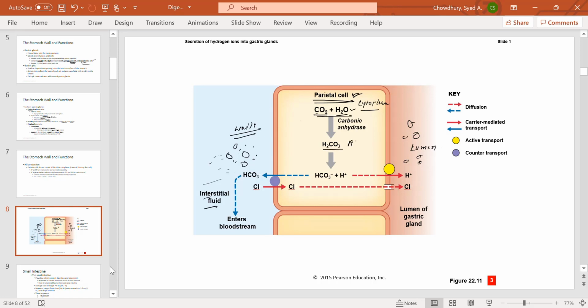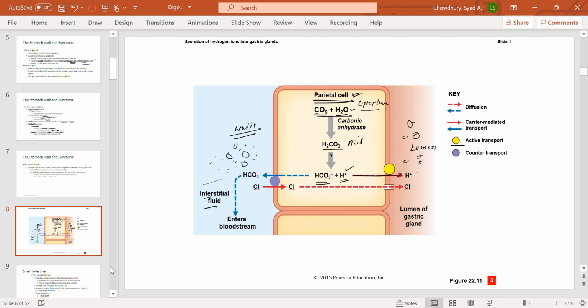This is an acid, and then it will quickly split into bicarbonate and hydrogen. So you see hydrogen gets separated, right? And that hydrogen ion will enter into the lumen in the chyme by active transport.